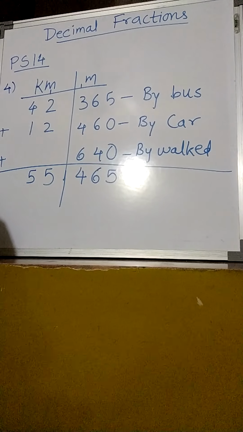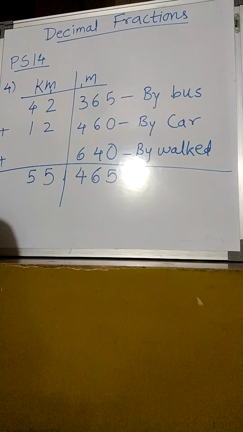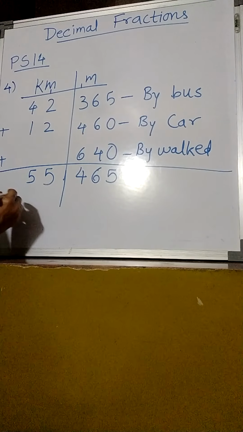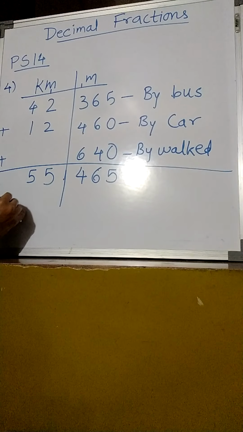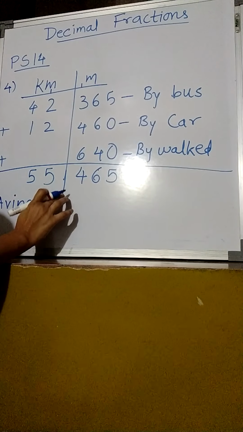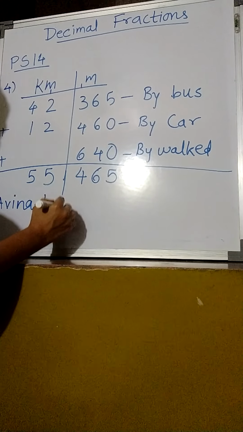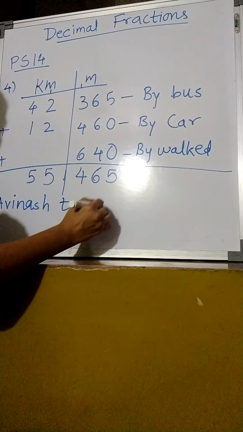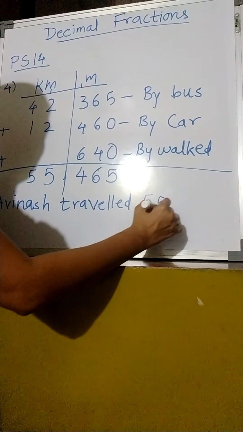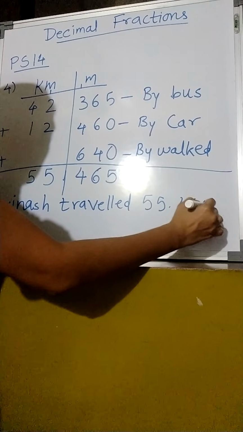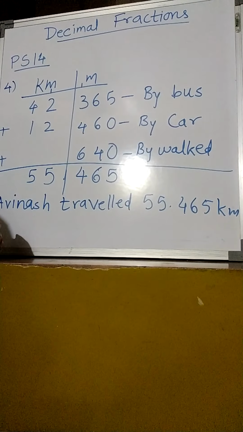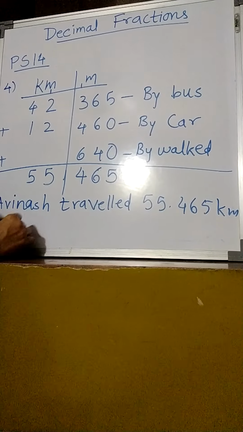But the answer is asked in decimal form. So you write it as: Avnish travelled 55.465 kilometer distance.